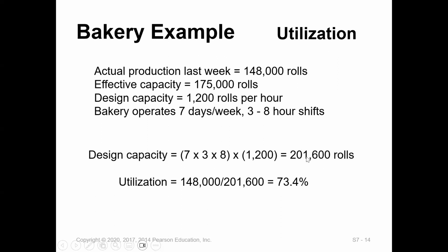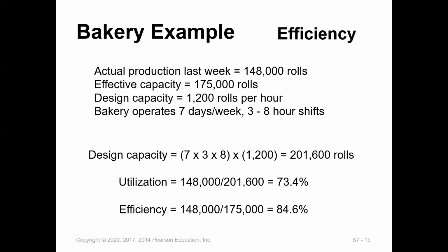They cannot make more than this if they run 24/7. But actually they make 148,000. So their utilization is 73%. Okay. Efficiency is the 148 divided by 175 effective capacity. Okay. This is efficiency. So they are 84% efficient, but their utilization is 73%.